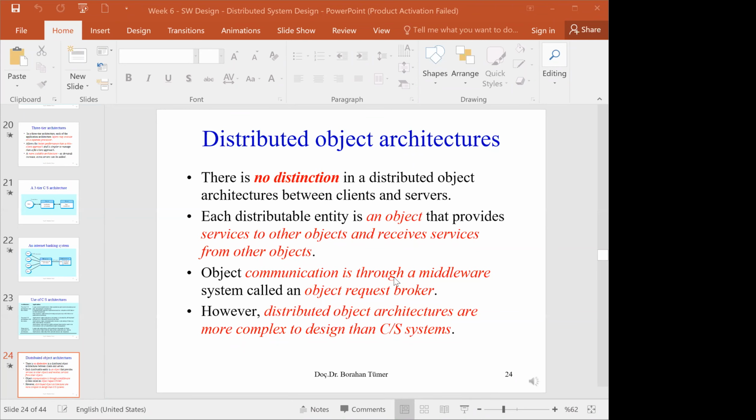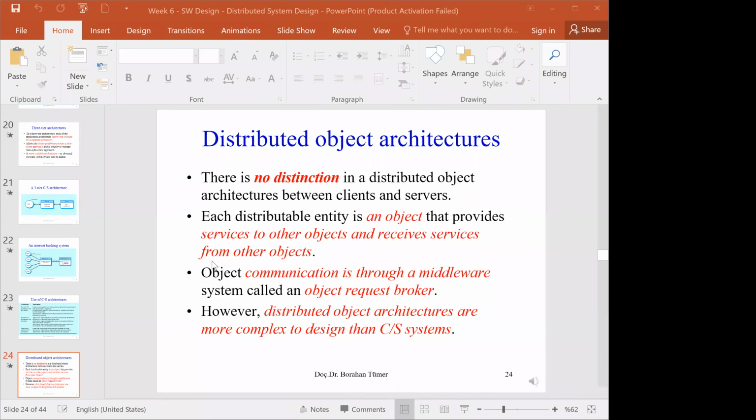As opposed to client-server architectures, in the distributed object architecture, the different processes don't have any distinction as clients or servers. Each node of a distributed object architecture may serve both as client and server.